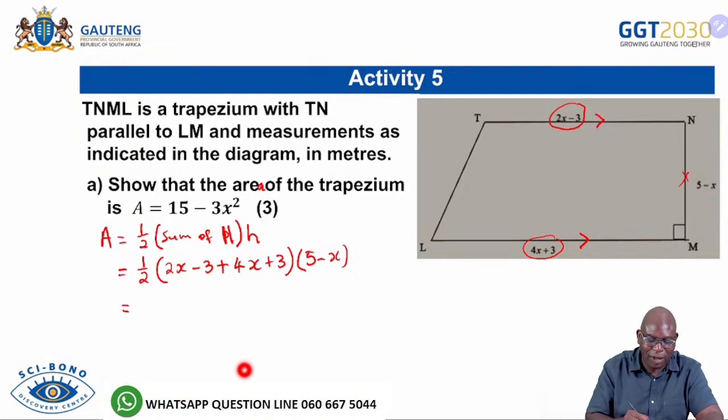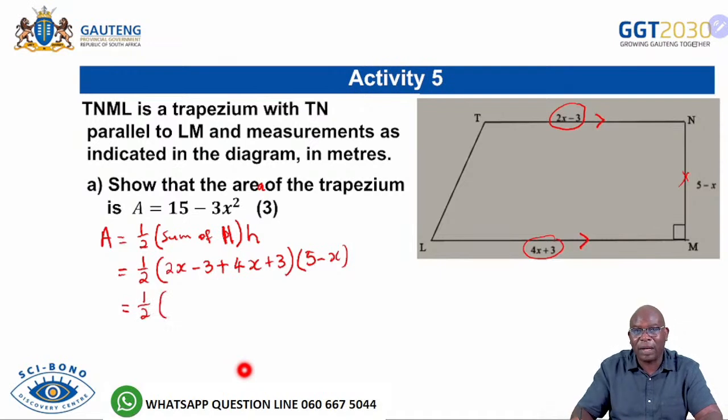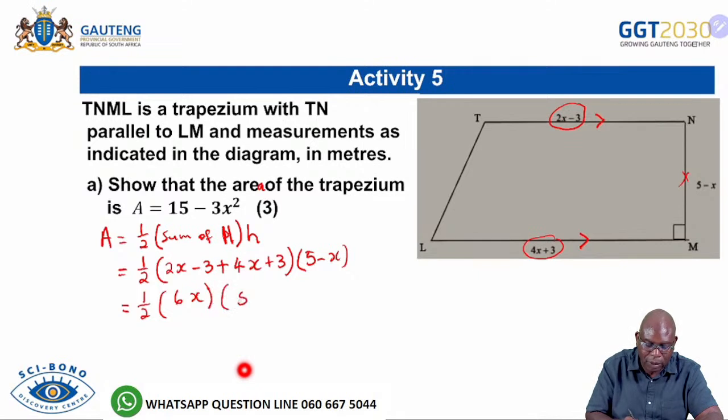Now I'm going to have 1 over 2. What is inside the bracket? Let me add. It's 2x plus 4x, which will give me 6x. And minus 3 plus 3 will give me a 0. So therefore, I'm only left with this. Now I can see what is half of 6, which will be 3x multiplied by 5 minus x.